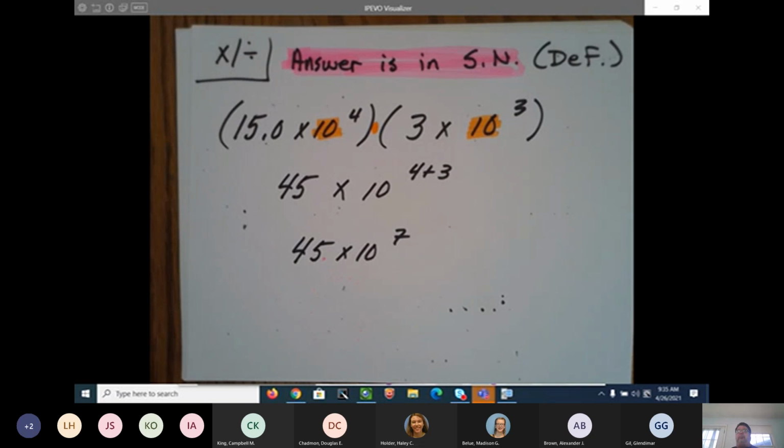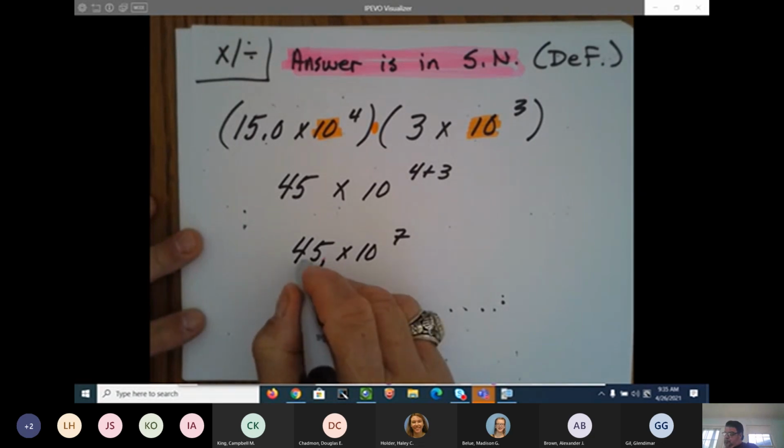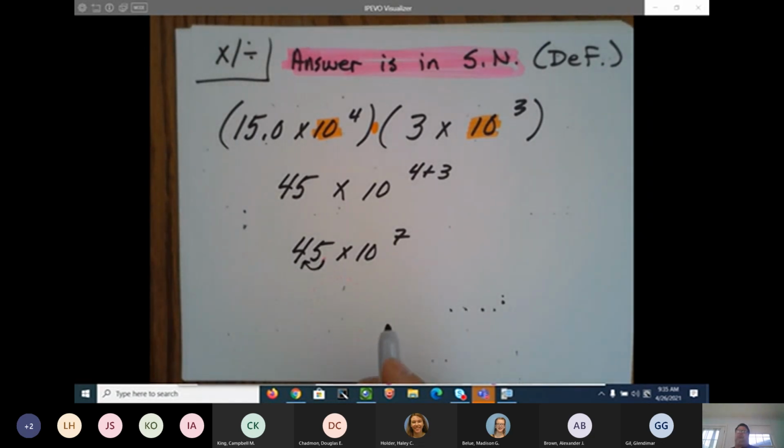Now, if they do remember to move the decimal, what happens? Well, they get the sign wrong. So this is the way I tell students to do it. Move the decimal. I didn't say a direction, I just said move it.